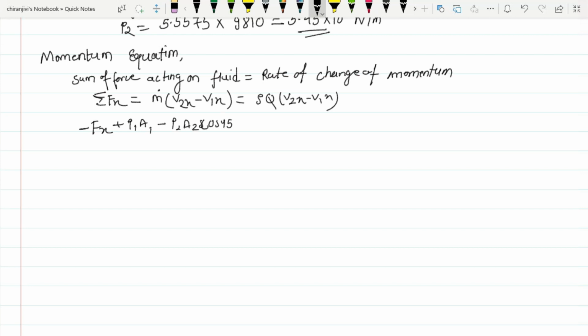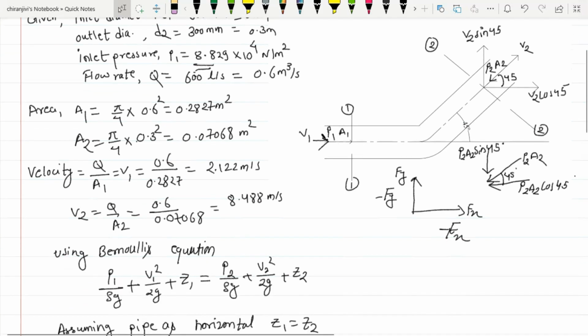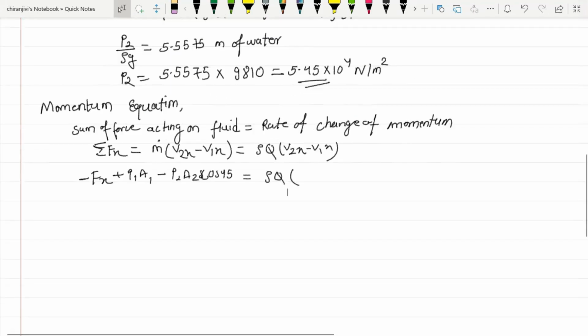This is the force acting, and we have remaining rho Q v2x. We resolved earlier that v2x is v2 cos 45, v2y is v2 sin 45, and at inlet we have only horizontal, so x component only, no y component. So for v2x we write v2 cos 45 minus v1x, which is v1.